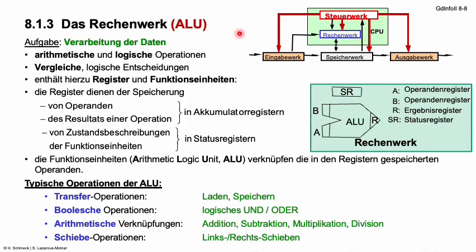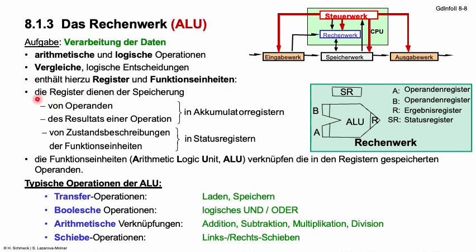The arithmetic logic unit, as its name says, is about the processing of data. Its main task is processing data, and it serves to perform different arithmetic and logical operations, comparisons and logical decisions, and that's why it also contains registers and functional units.